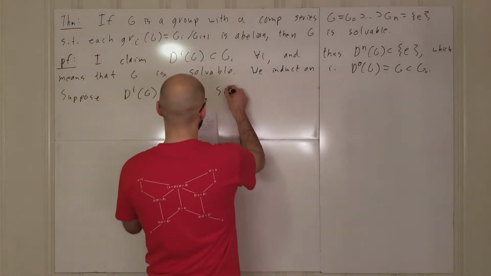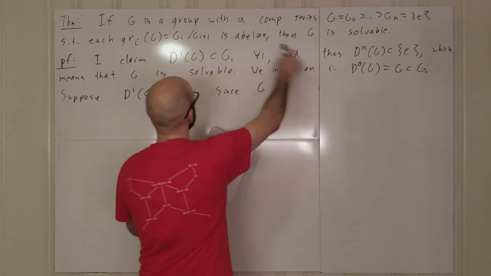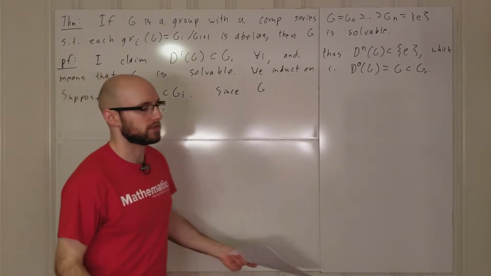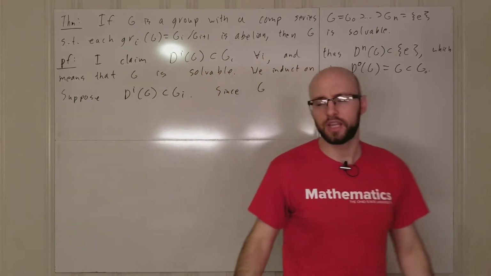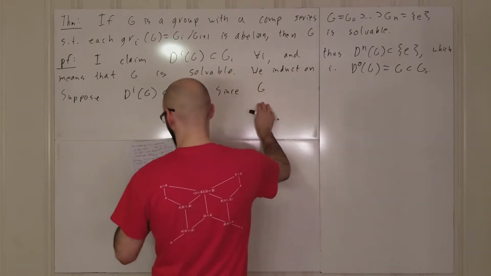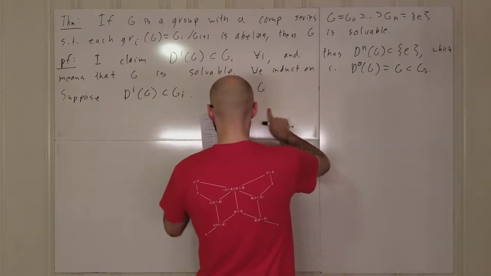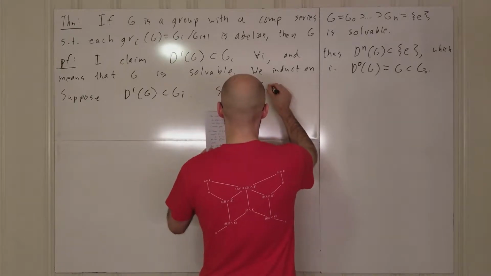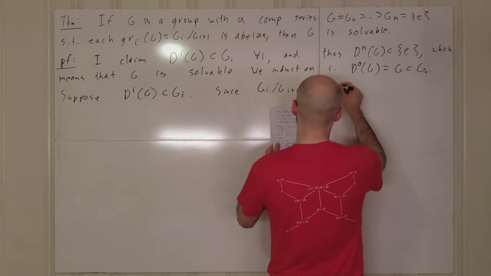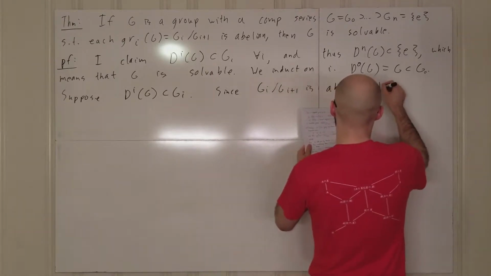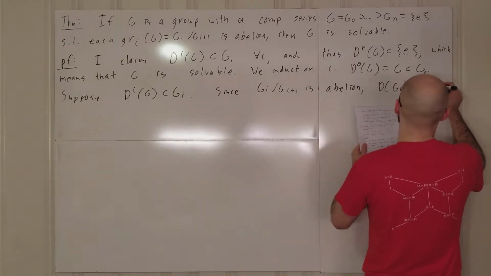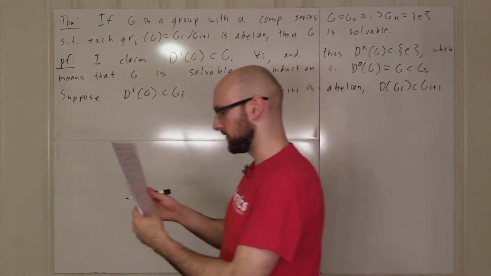We know that this is a composition series in which all of its graded pieces are abelian, so we better use that. We talked about last time the fact that we need to use to prove this. Since G_i mod G_{i+1} is abelian, the commutator of G_i is contained in G_{i+1}. We proved that last time.